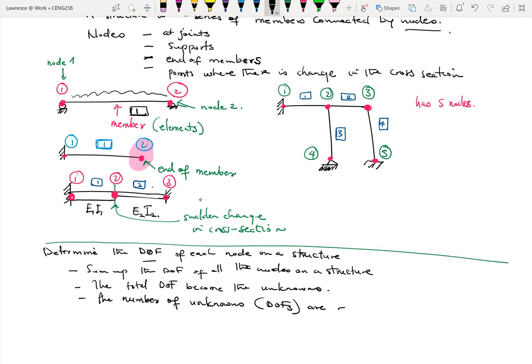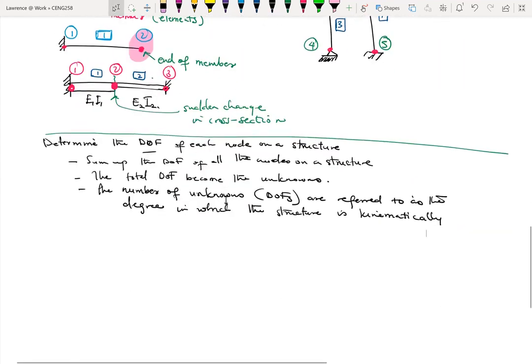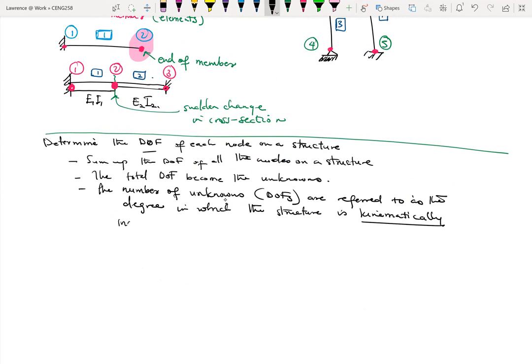So these are referred to as the degree in which the structure is kinematically indeterminate. Let me just scroll down a little bit. Kinematically indeterminate.